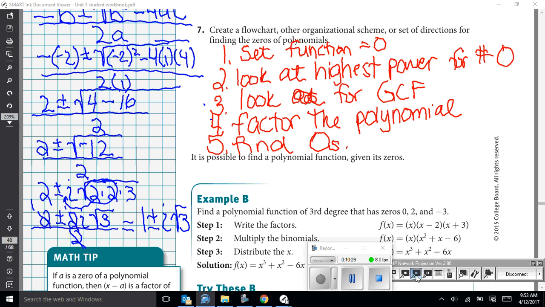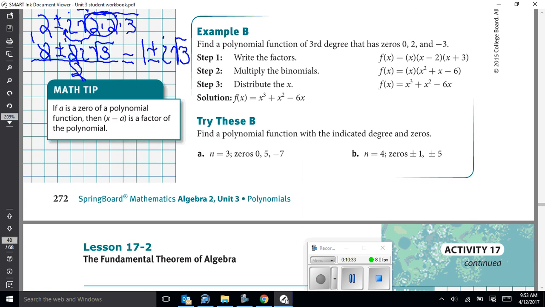All right, so let's look at example B. If a is a zero of a polynomial function, then x minus a is a factor of the polynomial. Find a polynomial function of third degree that has zeros at 0, 2, and -3. Yesterday we looked at finding the zeros.